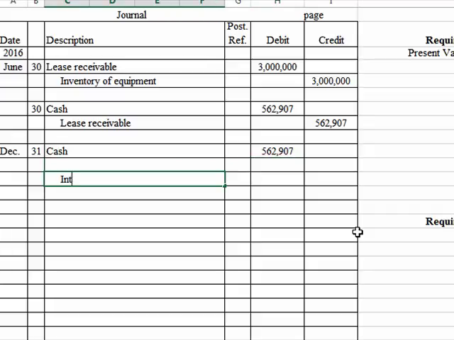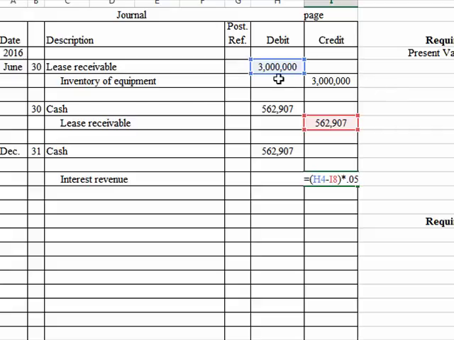It doesn't matter which credit you list first, but they're going to credit interest revenue for the original amount of the lease receivable minus the decrease in the lease receivable balance times the interest rate for half a year, which is 5%.